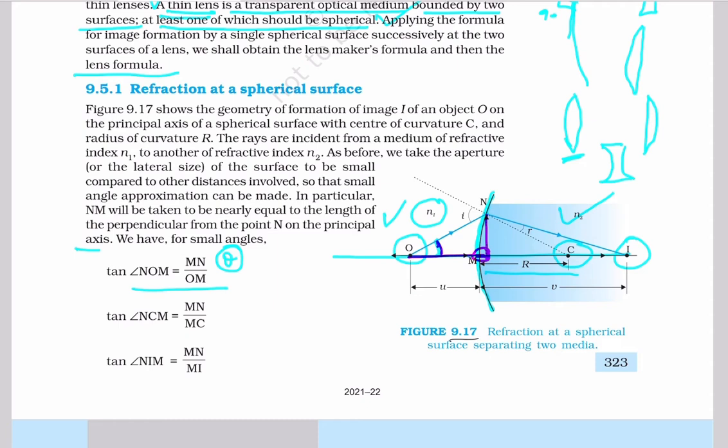And tan of angle NCM is MN divided by MC, and tan of angle NIM, in this triangle, is MN by MI.